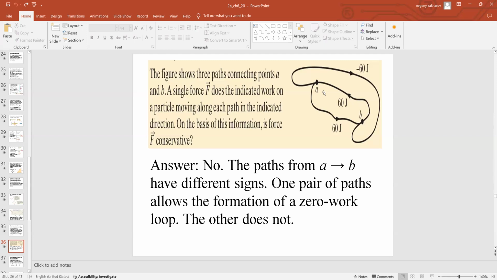For a conservative force, you go A to B here, you go A to B there. It cannot be negative 60. It has to be positive 60 if you want a conservative force. By definition, no matter how you get from A to B, it's always going to be the same number, and it's not the same here. It's 60 or negative 60 for the same displacement. You can't say it's conservative.